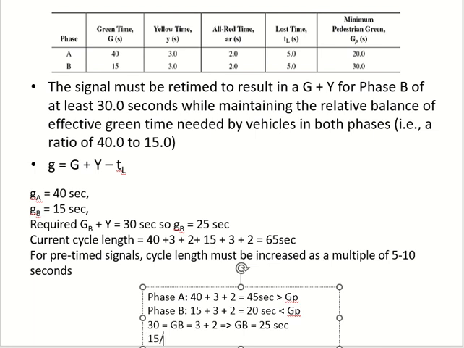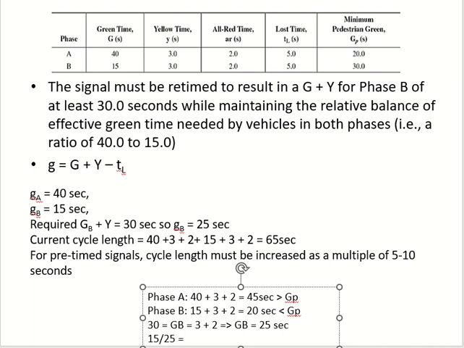I know the new time of phase B, which is 25, according to pedestrian time. If you convert it to effective green, it will remain the same, right? Plus 3, plus 2, minus 5, like we did here. So effective green or the actual green doesn't matter.